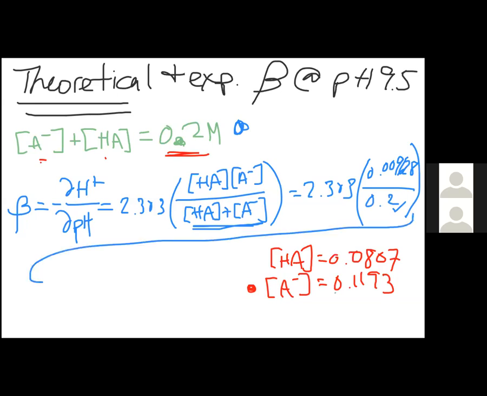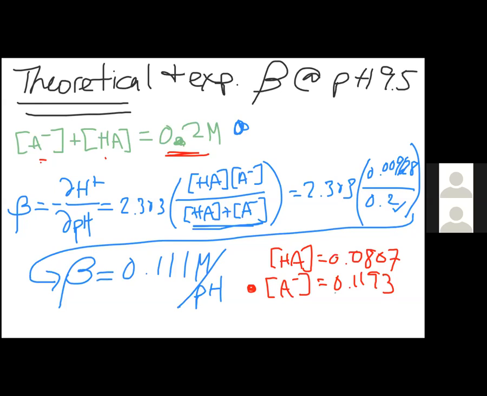When we resolve this, the whole buffer capacity calculated value is equal to 0.111 molar per pH. Now we take a look at this.